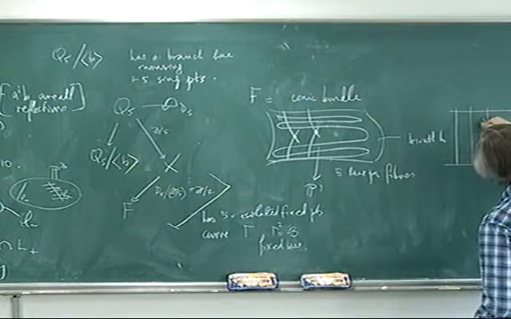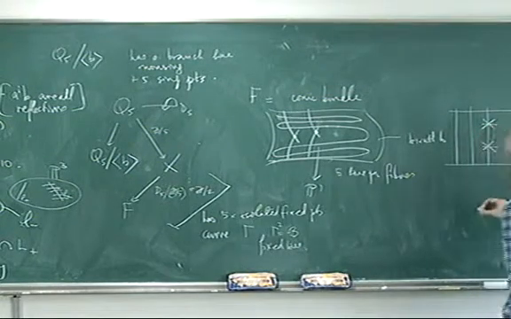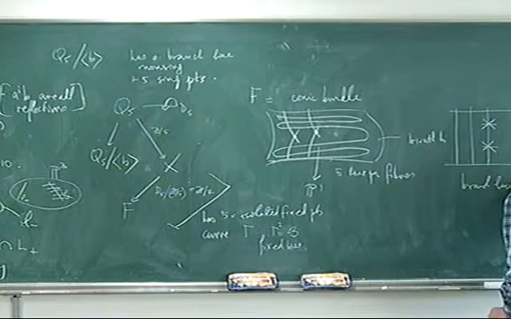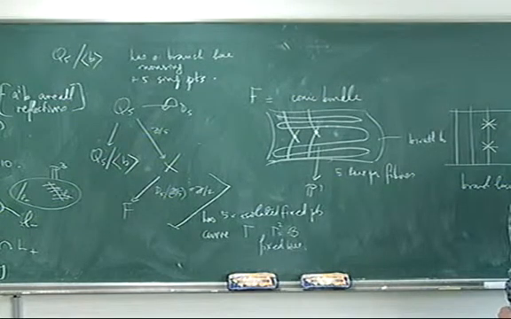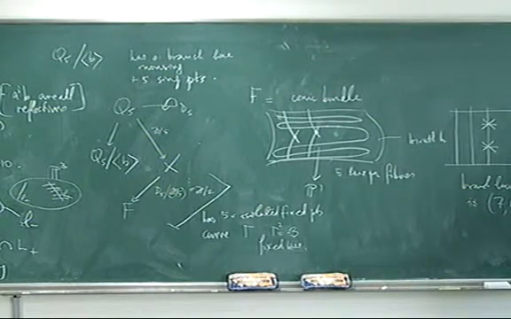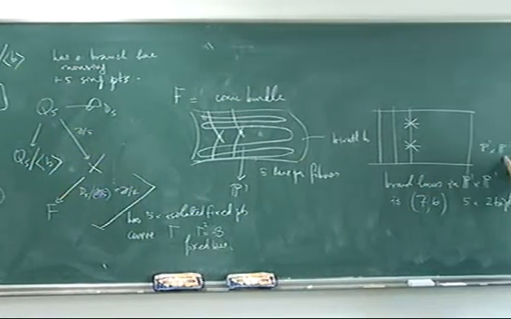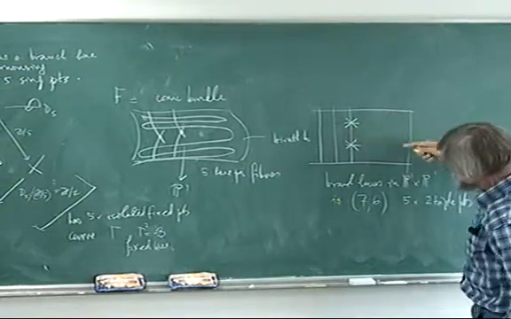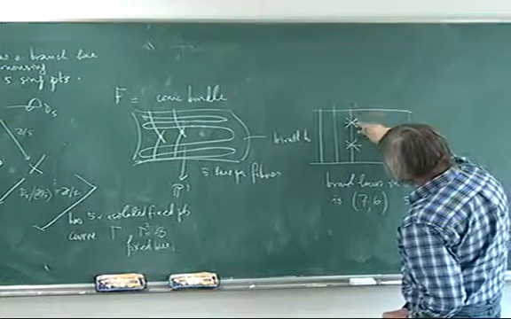And the branch locus in P1 cross P1 is of bidegree 7, 6, and it has 5 times 2 triple points. So you can start from this if you want to. Imagine that I've got P1 cross P1, I've got a curve in it of bidegree 7, 6, degree 6 over the base, degree 7 in the other direction, and this has these singularities here.